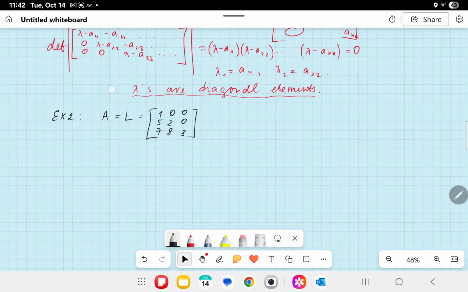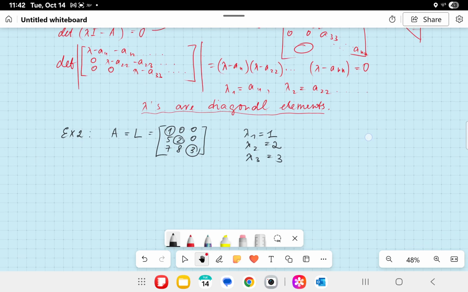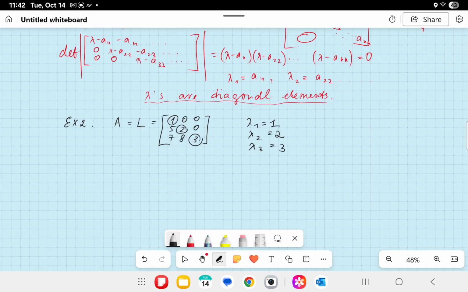So from this consideration, we know that lambda 1 is going to be equal to 1, the first diagonal element, lambda 2 is going to be equal to 2, and lambda 3 is going to be equal to 3. So diagonal elements. Basically, with diagonal elements it is very easy to calculate eigenvalues.